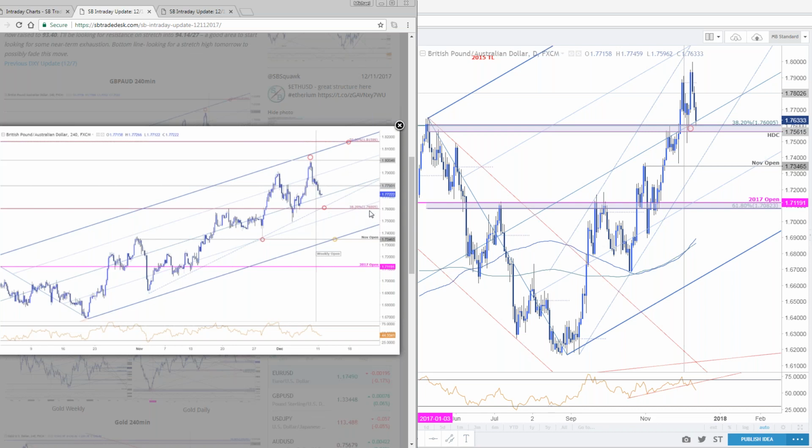So I was looking for a drop here into 176, and this is where it's more of a decision time, in my opinion. You have former swing highs, you have a basic 38.2 retracement, you have a basic trendline support, a 3-point touch off the lows.